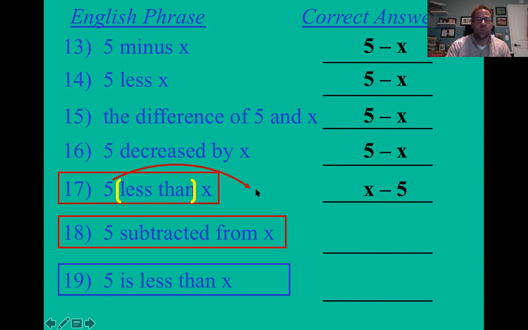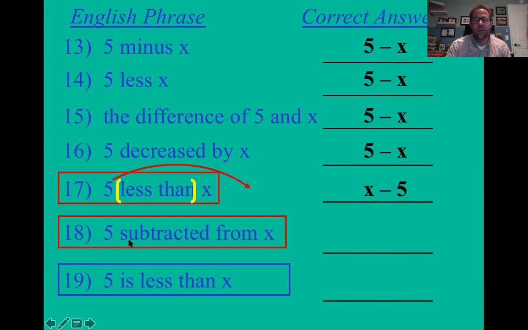And that's really important because, for example, let's say the number x was 2. If I did 5 minus 2 up here, that would be the answer 3. But if x is 2 and I do 2 minus 5, well, now that's negative 3. Those aren't the same answer.